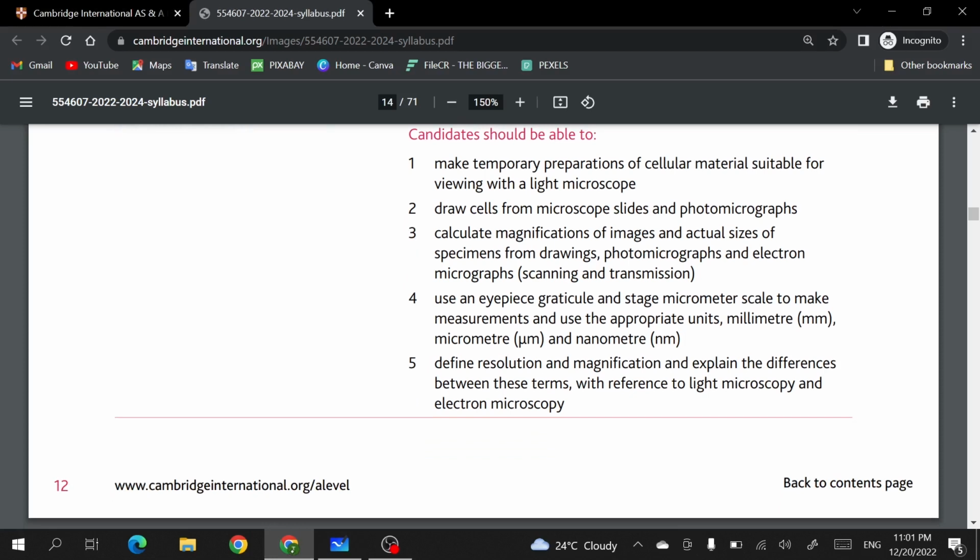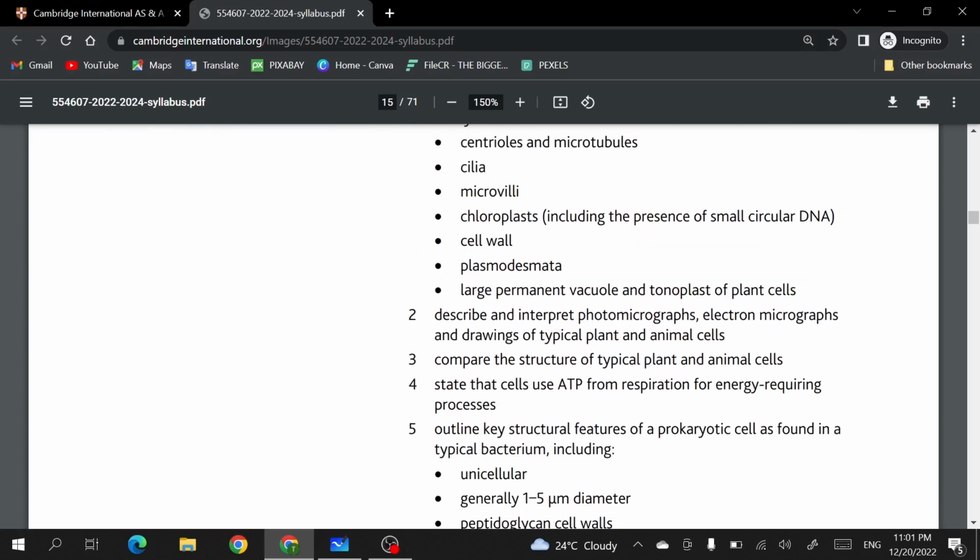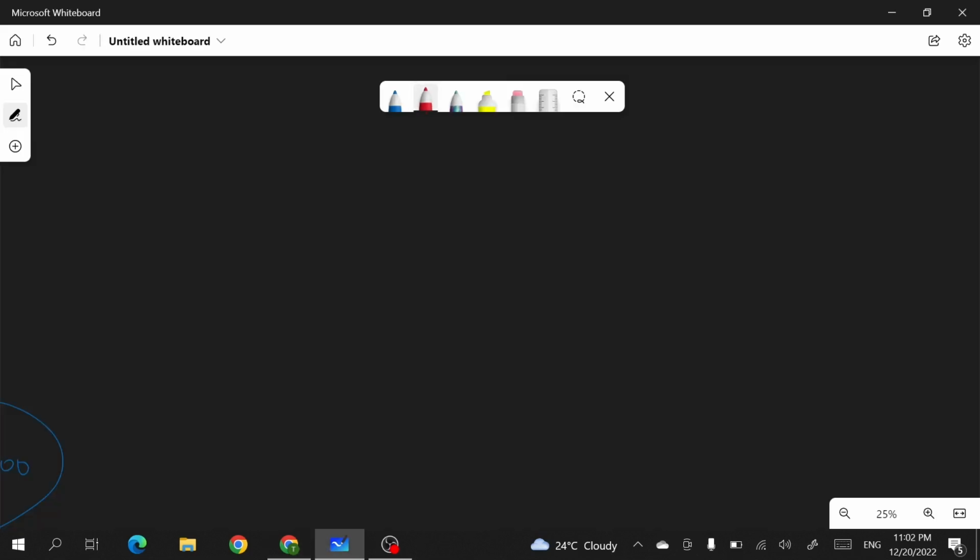So magnification is fine, but now prokaryotic and eukaryotic. Prokaryotes usually are bacteria.